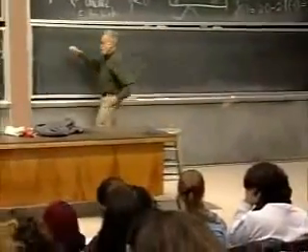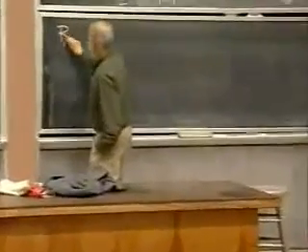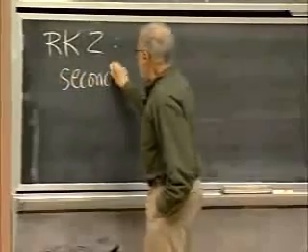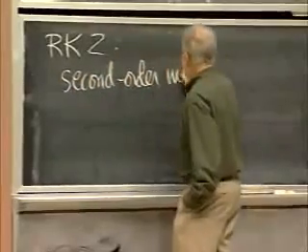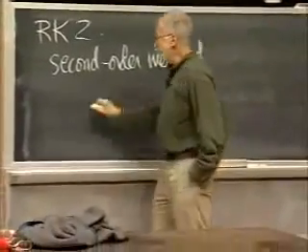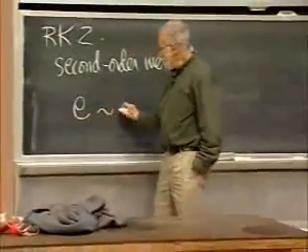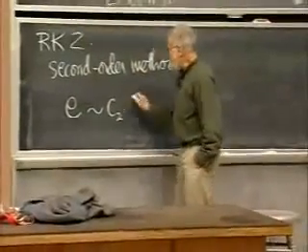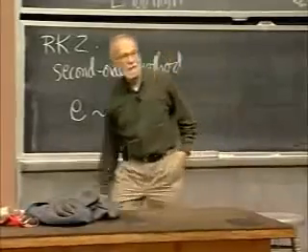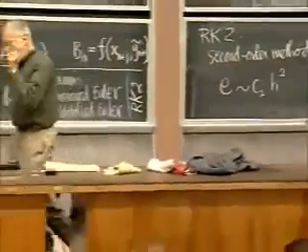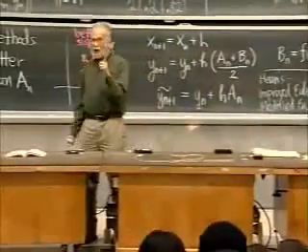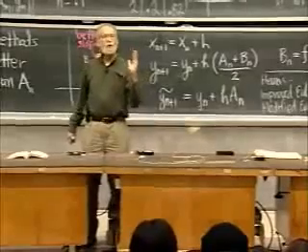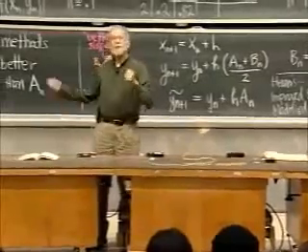So Heun's method, or RK2, let's write it, that's the shortest thing to write, is a second-order method, meaning that the error varies with the step size like some constant, it won't be the same as the constant for Euler's method, times h squared. That's a big saving, because it now means that if you halve the step size, you're going to decrease the error by a factor of 1/4. You will quarter the error.